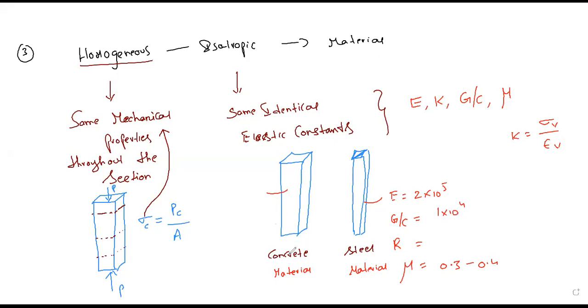Similarly, concrete or RCC has its own constant values. This value won't be similar to another material, not compulsorily. If any material has the same identical elastic constants, this wording is very important, those materials come under isotropic materials. This is the difference: here same mechanical properties, here identical elastic constants. This is the third assumption we have to consider.